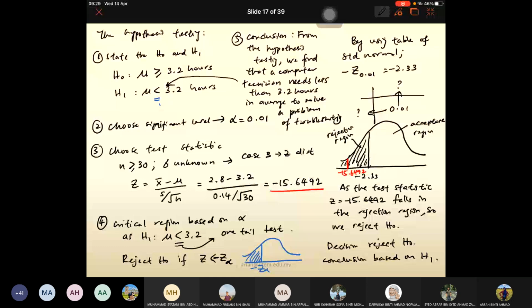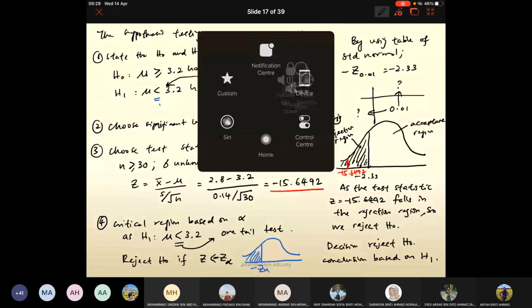Okay, so itu adalah conclusion. Our conclusion is based on H1.